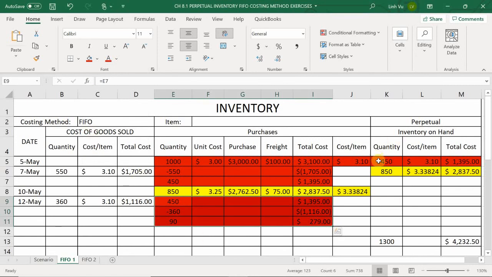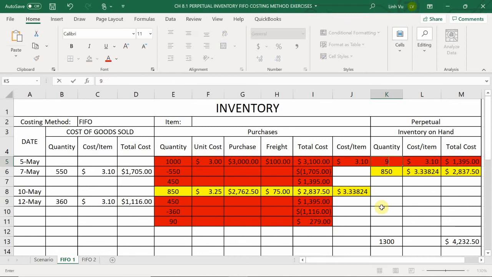So therefore, I can update my inventory now. I now have 90 items left, which should cost me $279, which is correct, right? It is correct. So now I only have 940 units left on hand to sell.